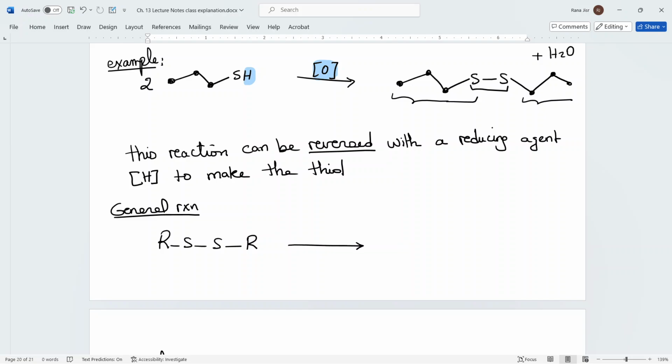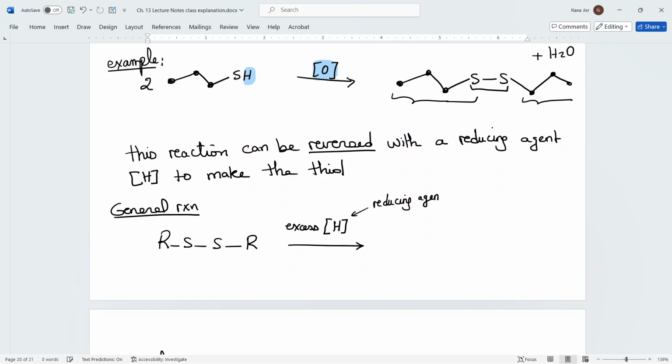Now, the amount of the reducing agent is always in excess. So we're going to use excess of the reducing agent. To represent the reducing agent, always, reducing agents have hydrogens in there, so we're going to do excess of the H. This is a representation of a reducing agent.